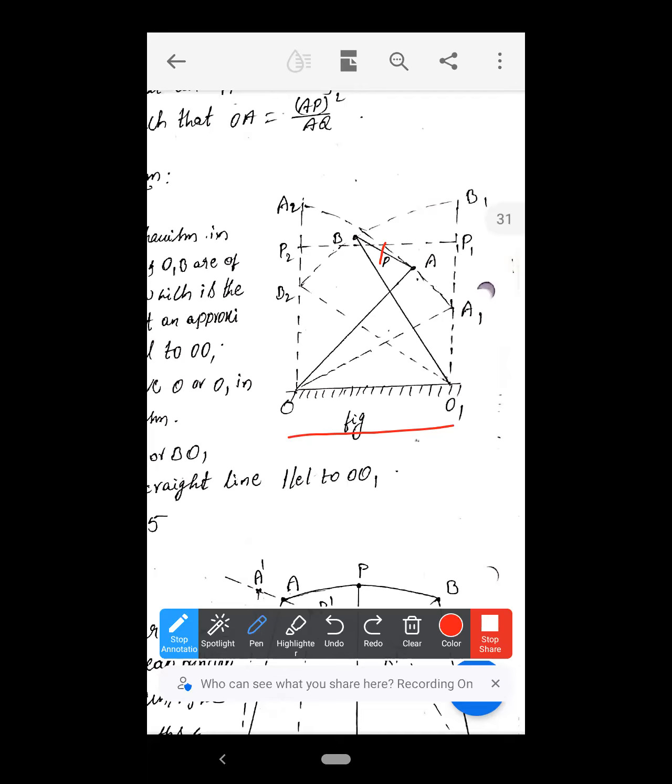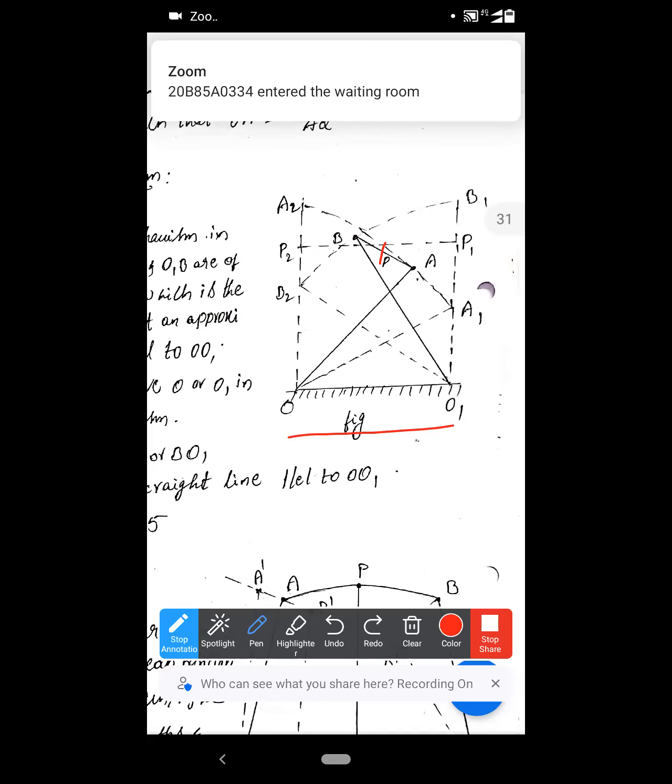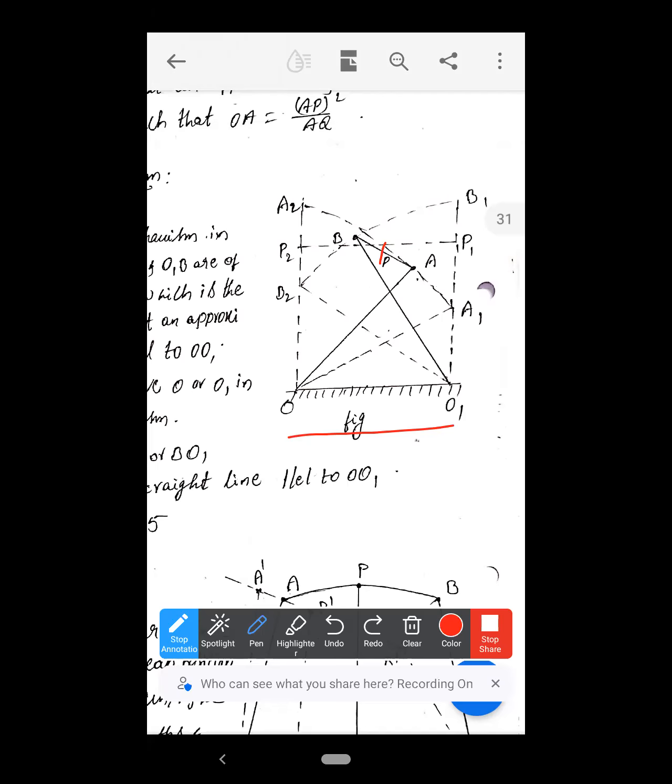Now all of you observe what will happen here. When the link OA oscillates, the link AB translates to its positions. The A point achieves the positions A1 to A2, and the B point achieves B1 to B2.